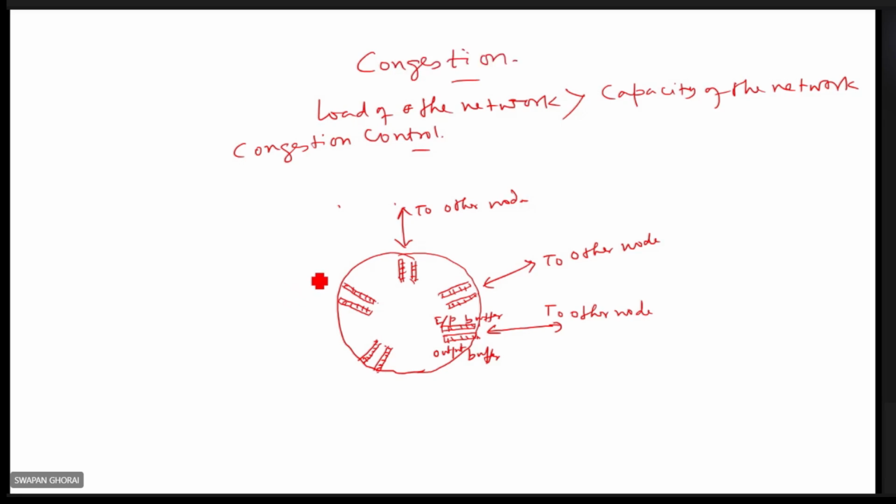Here also it can be a node, or it can be from a subscriber, from stations, from users, from any home, or to a subscriber.